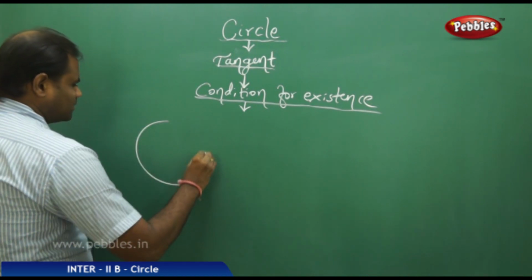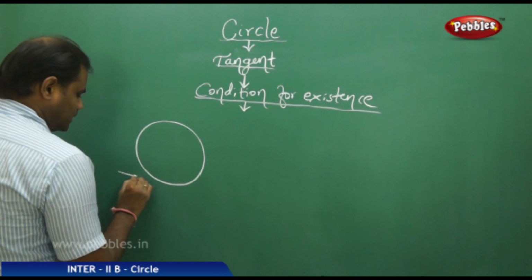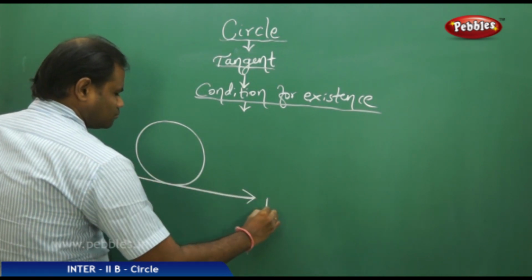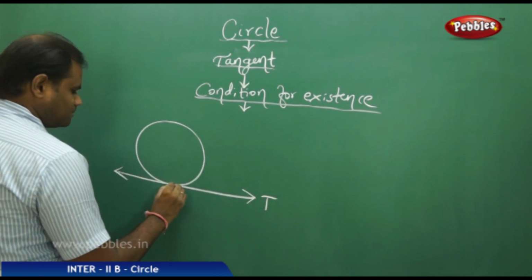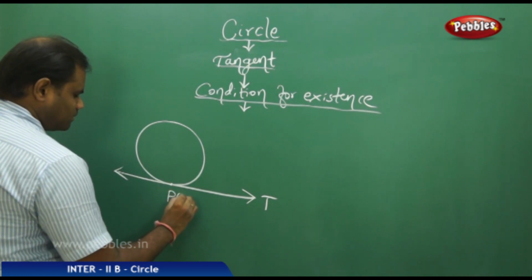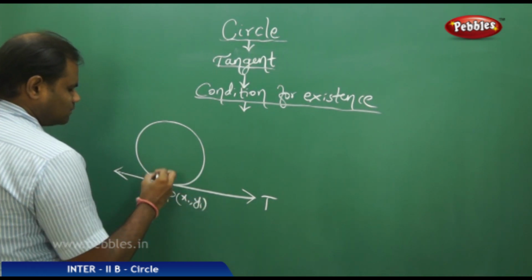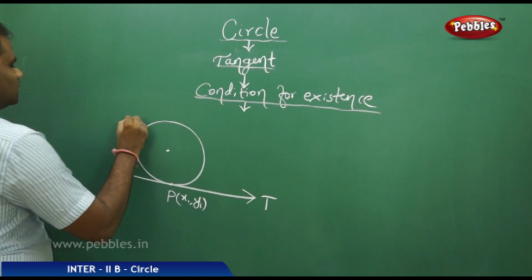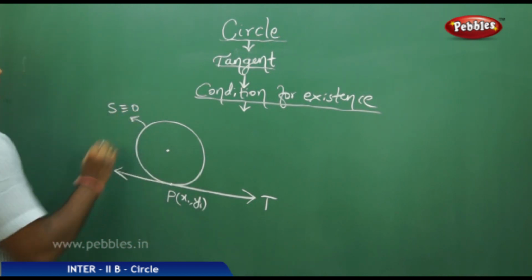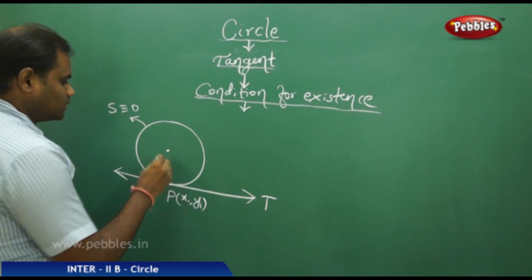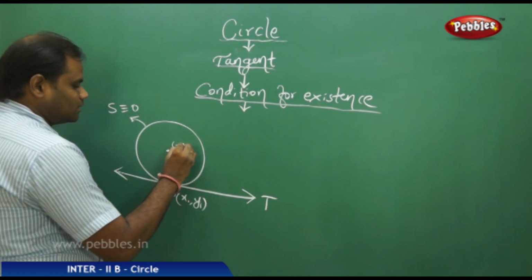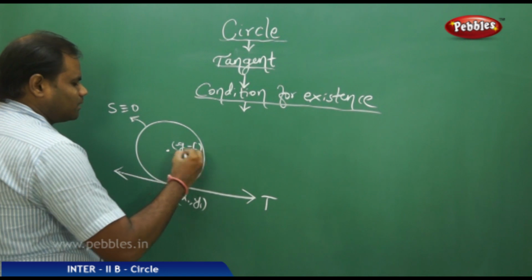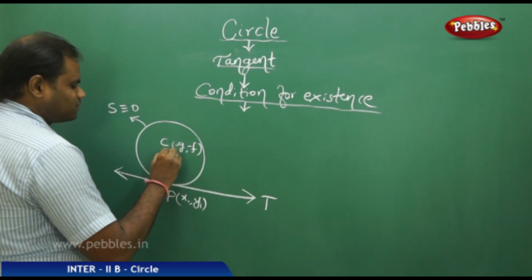When I have a circle, when I have a tangent at point P, x1, y1 with the circle equation being S equal to 0 in general form, then we know that the center is minus g, minus f from here.